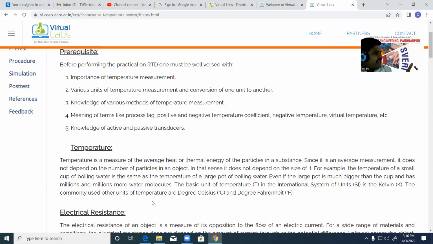Or if we consider one iron rod, if it is heated at one end, the other end is also heated. Now what is the reason behind it? Transfer. Okay, the transfer is in the form of conduction. What changes in the material that makes it heat up?